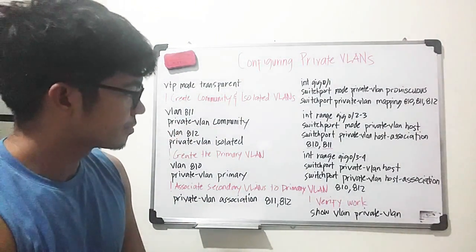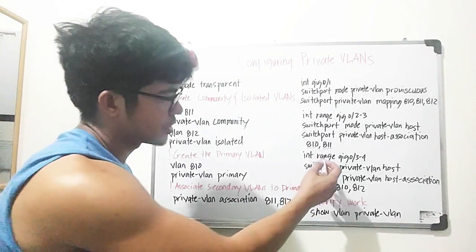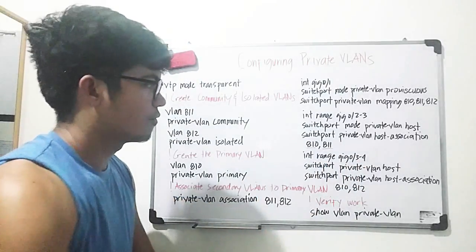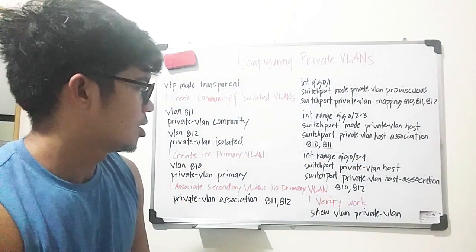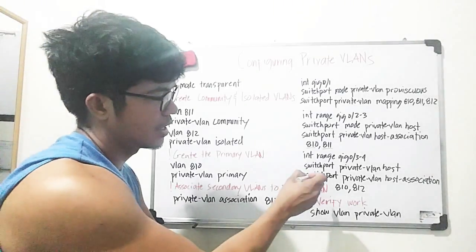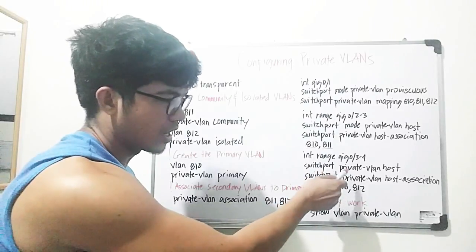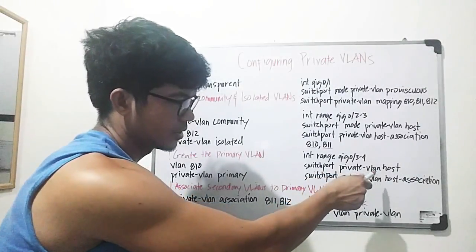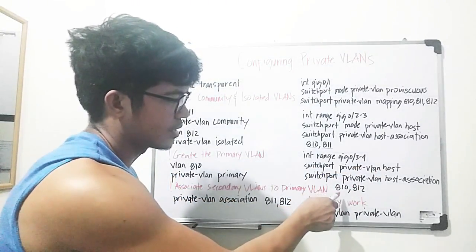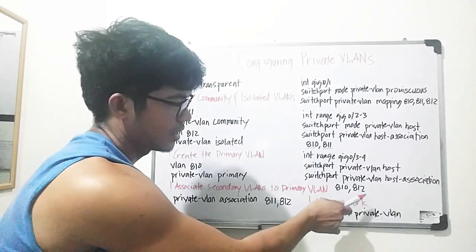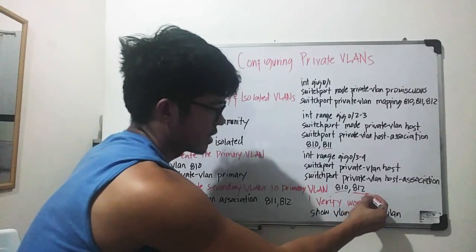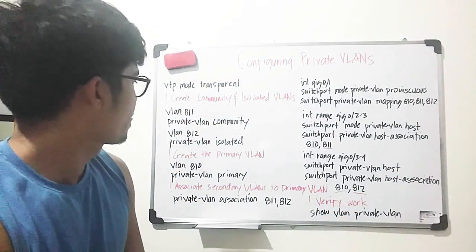Next, I'm also using gig 0/3-4 for my isolated VLAN. So you need to specify that the ports are host: switchport mode private-vlan host, and you need to associate them with the primary VLAN and of course the isolated VLAN. So this is the primary VLAN and this is the isolated VLAN.